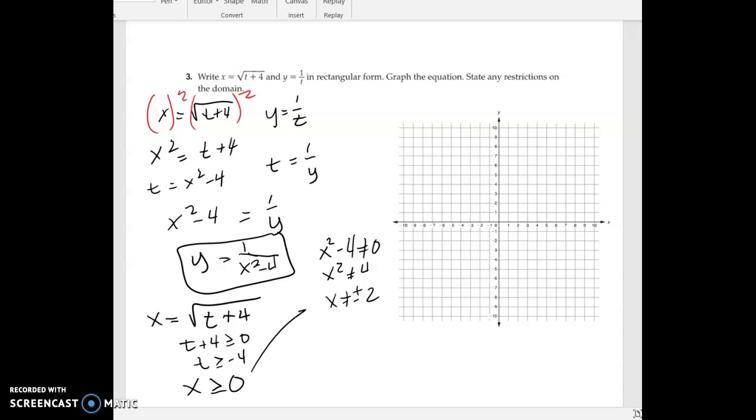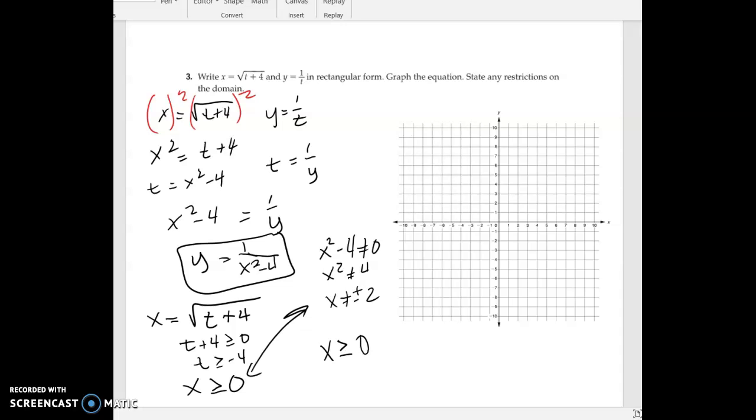Okay, now we have to look at how these two are working together. I know that x has to be greater than or equal to 0, but I also see that x cannot equal negative 2 or positive 2. Well, x is automatically not negative 2 if it has to be greater than or equal to 0. But we also have to add the fact that it can't be 2.